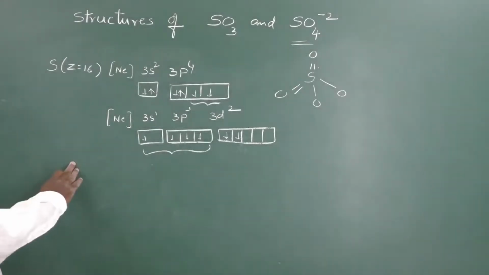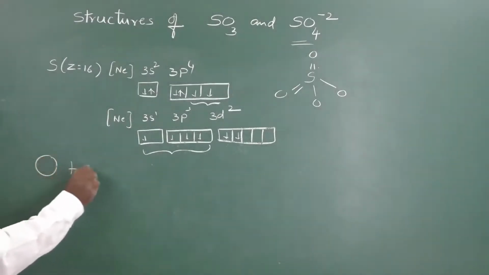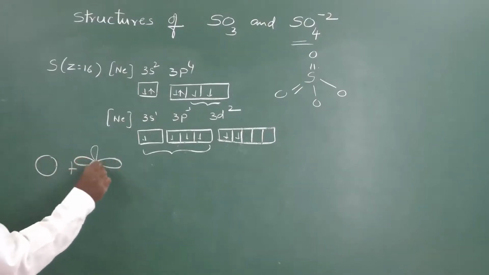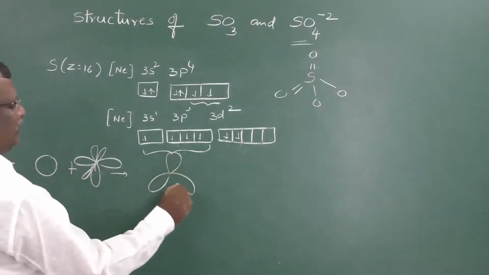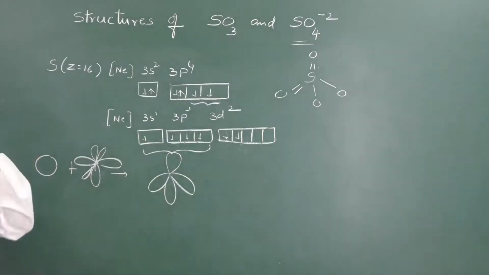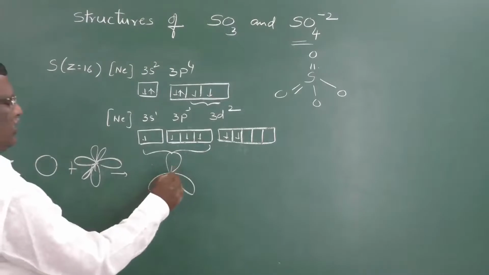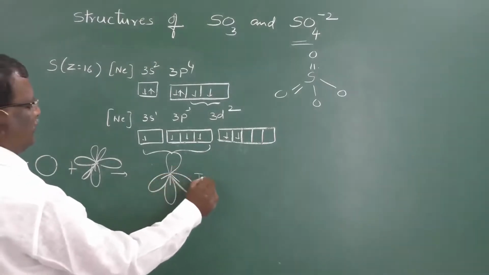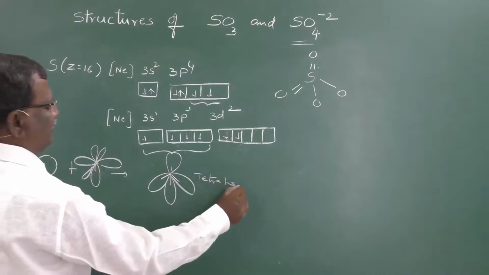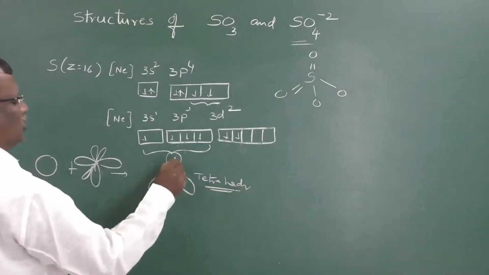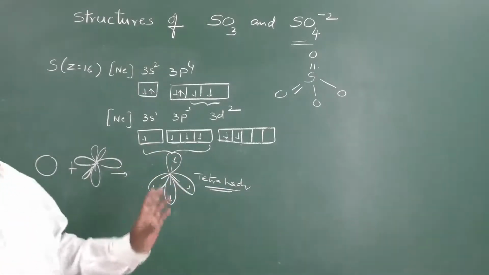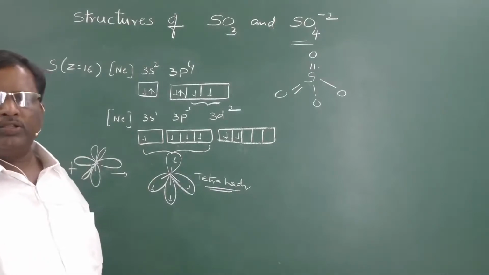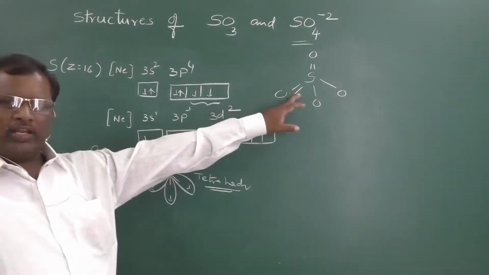In sp3 hybridization, the hybrid orbitals are tetrahedral in shape. So the 4 electrons will enter the 4 hybrid orbitals, and these are in a position to form pi bonds. So the hybridization is supporting the structure.